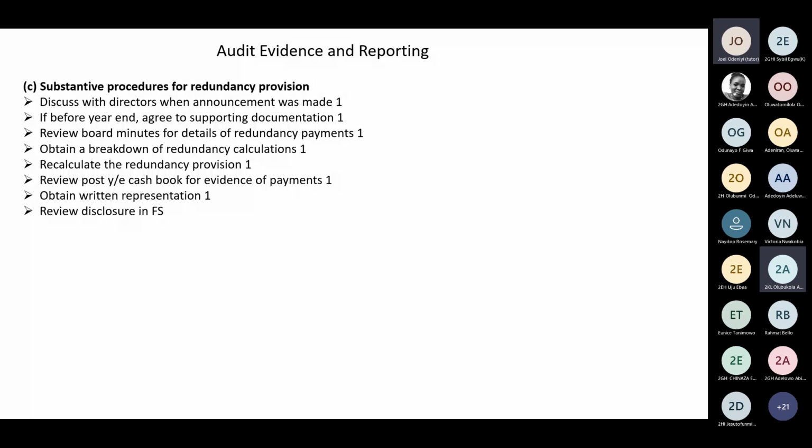It can also help you with completeness, because when you're reviewing it, if you feel like something is missing, it can be included, and it can also help you confirm the total. Don't forget that provisions, by their very nature, are subjective, and based on assumptions and available information. So that procedure can help you confirm valuation, and it can also help you confirm if something is missing, which is completeness.